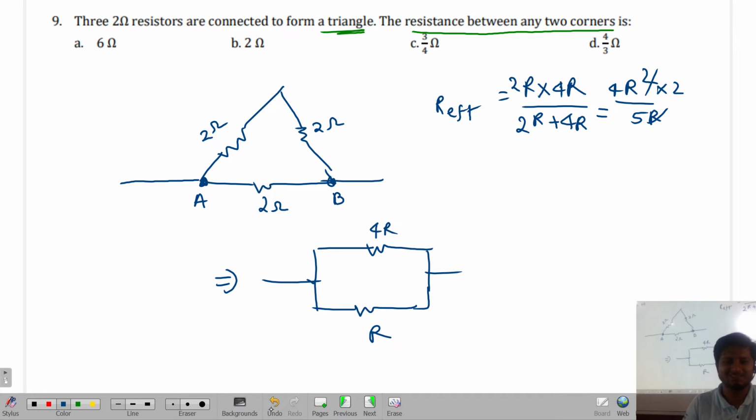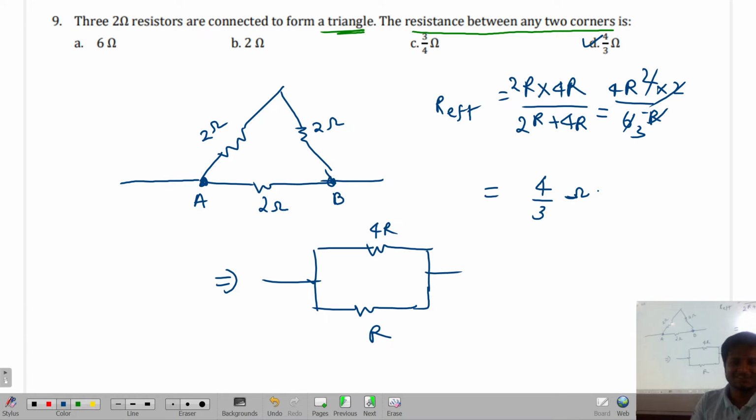No, it will be 6. Okay, so 4 by 3. So R effective is how much? 4 by 3 ohm. Option D is correct. Got it or not? Yes or no?